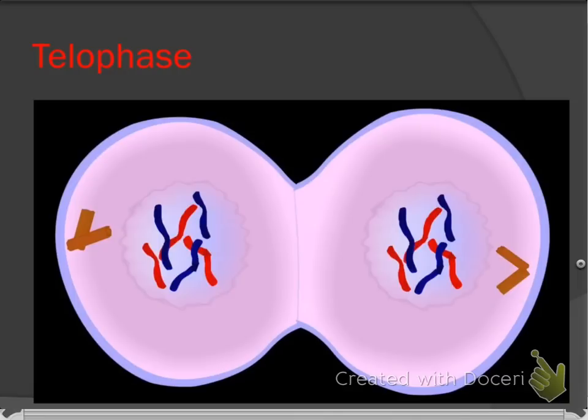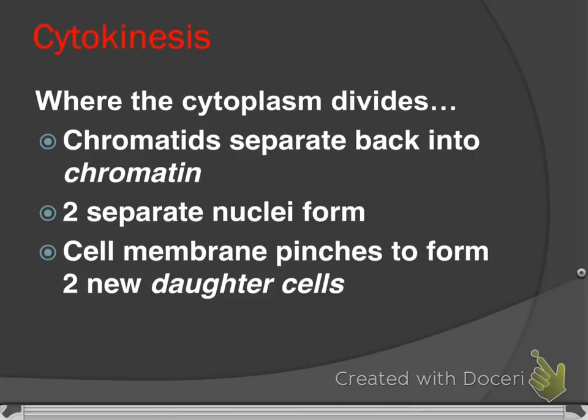So here you see it. We don't have spindles anymore. We do have all of our information in the middle, which is going to eventually make up the DNA of the cell. And it's pinching in. It's not totally separated yet. That is cytokinesis. So this is where the cytoplasm divides. The chromatids actually are separated back into chromatin.